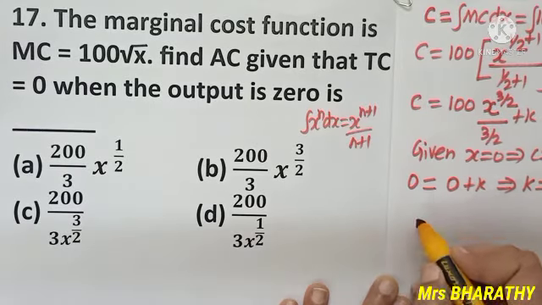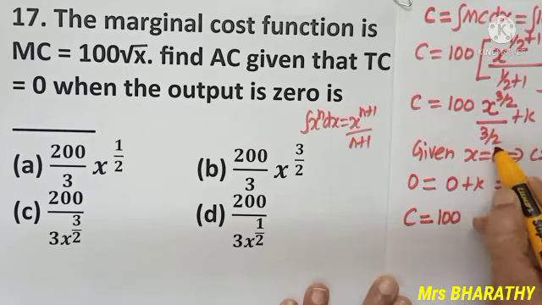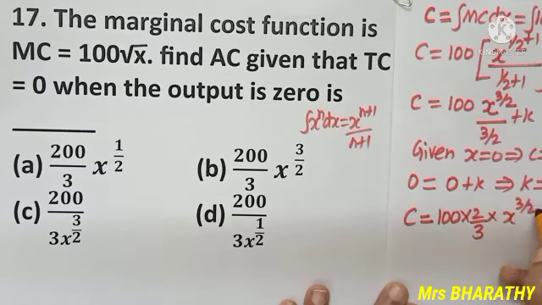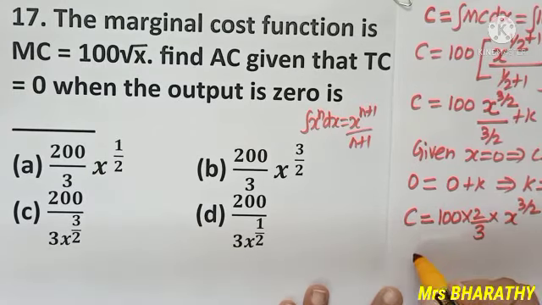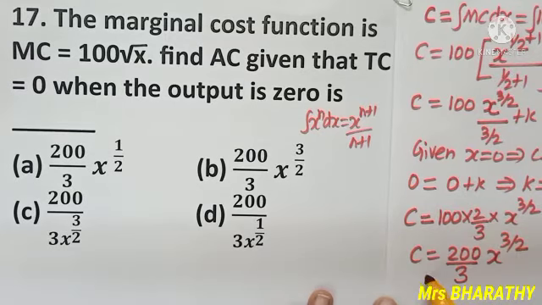As I substitute C equals 100, denominator 3 by 2, if I reciprocate, it is 2 by 3 into x power 3 by 2. As we multiply and simplify, we get 200 by 3, x power 3 by 2. This is cost. My question is to find average cost. So what is average cost?